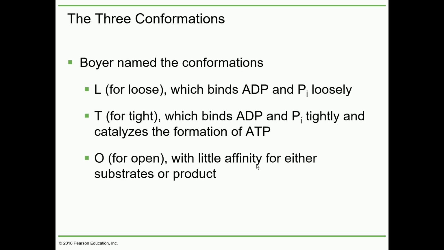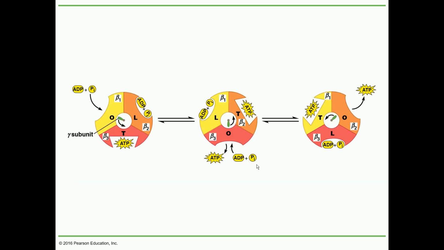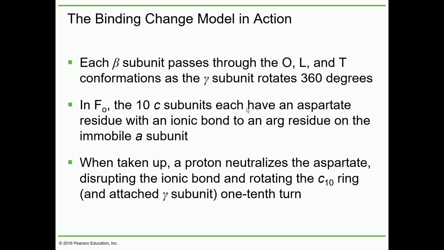In the O form, they have little affinity for both the substrate and the product, and in the T form, it has tight binding for ADP and phosphate, and it results in the formation of ATP. So each beta subunit passes through O, L and T conformations as the gamma subunit rotates 360 degrees.